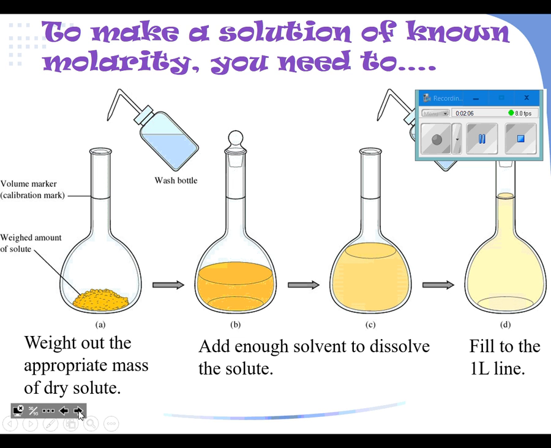For example, in class, you can make a certain concentration of Kool-Aid. If we were going to make a liter, then we could put it to that mark. We would measure out a certain amount of dry Kool-Aid, and then we would add enough water to dissolve it and fill it up to that line.